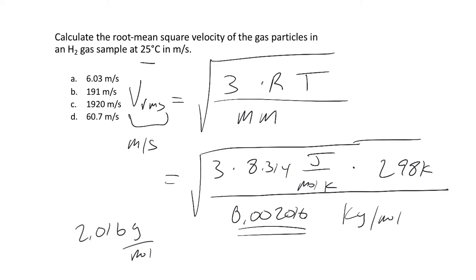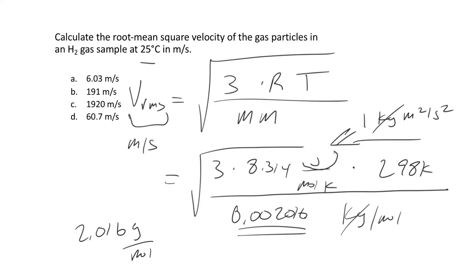Now, of course, you're going to be wondering, how do I know for sure it needs to be in kilograms per mole and not grams per mole? Well, we just have to think about what the joule is again. A joule is 1 kilogram meters squared per second squared. And so that's where we see the meters and seconds coming out in the problem, and the kilogram. So we need our molar mass in kilograms to cancel into the units of joules, being a kilogram meter squared per second squared.